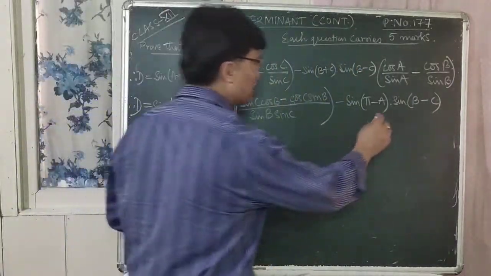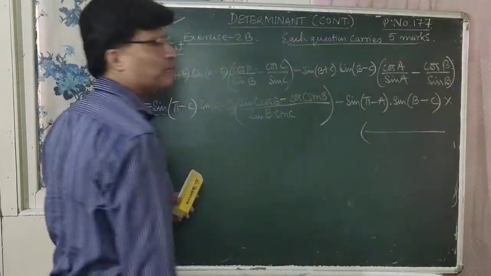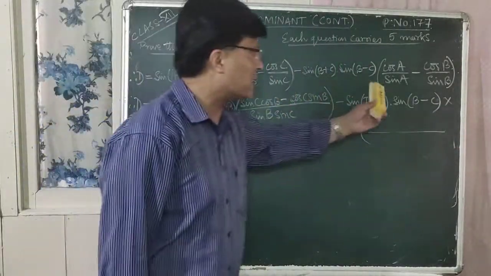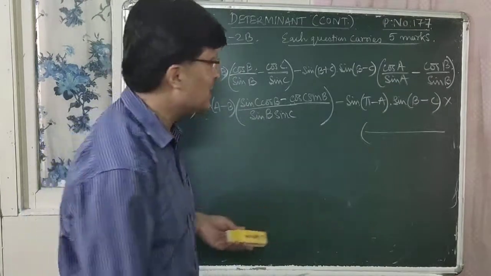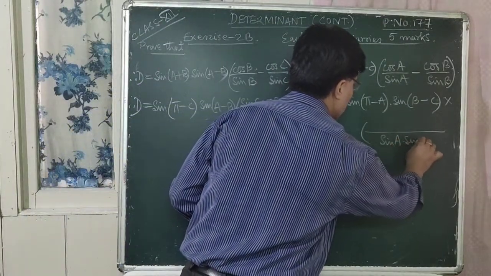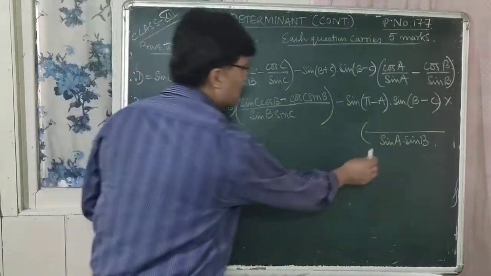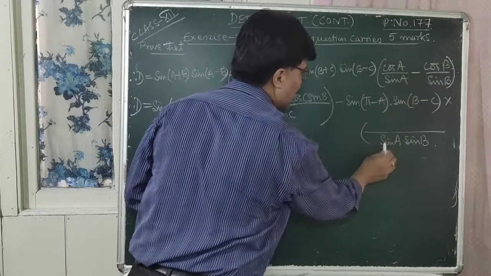So our into, now continuation part, what's the LCM? Sine A and sine B? It is sine A into sine B, right? Now again this LCM is divided by sine A. Sine A gets cancelled.